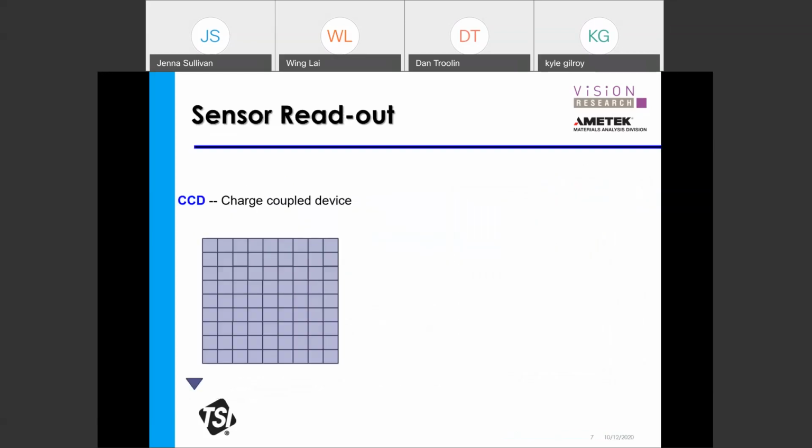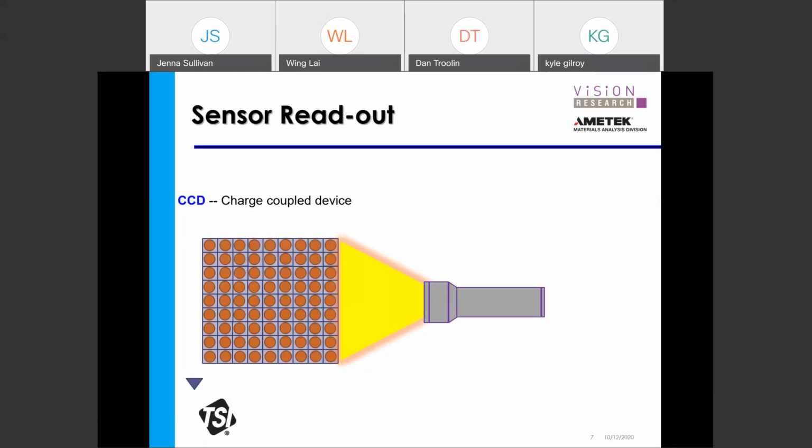And I just want to show you how basically images are created and how they're sent off the sensor. Growing up, this CCD was something that you would hear often, and that stands for charge coupled device. So this is an image of a pixel array that's being excited with a flashlight. Once you shine light on that pixel array, you have charge generation. Every pixel starts to get some charge.